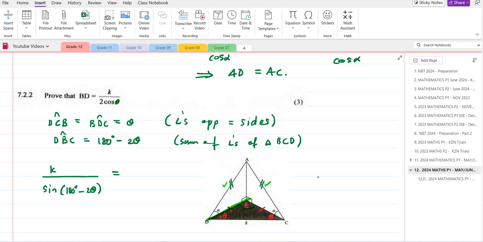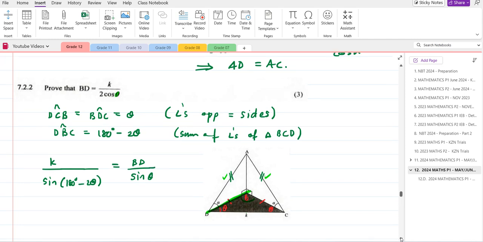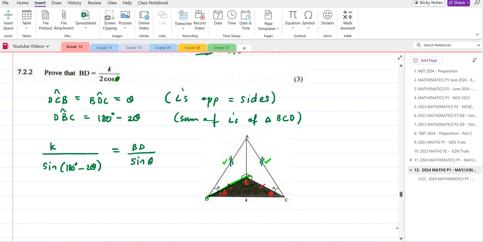Alright, so it's going to be BD over sine theta, which is that angle C there. So looking at the horizontal plane only. Now remember, if we cross multiply, we're going to get BD sine 180 minus 2 theta, which is just sine 2 theta, because that's in the second quadrant. I simplified that.